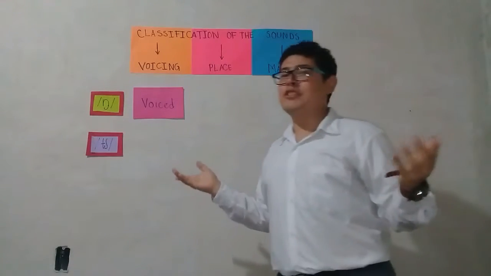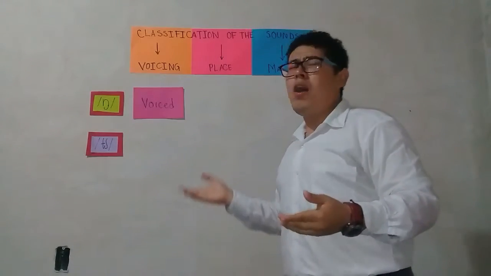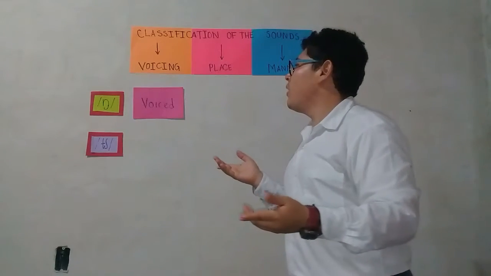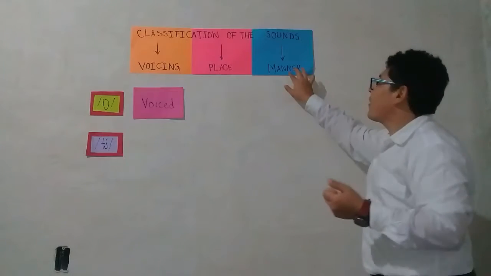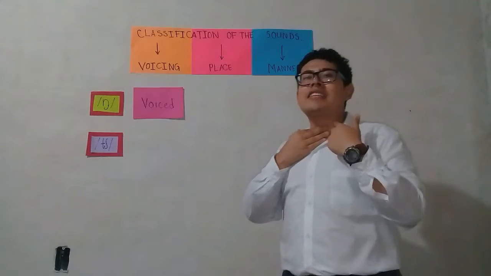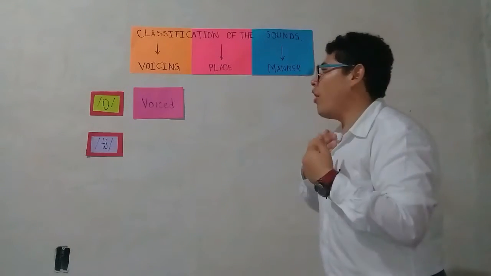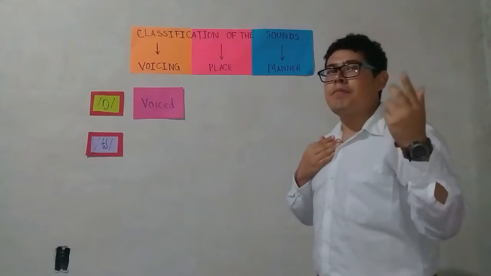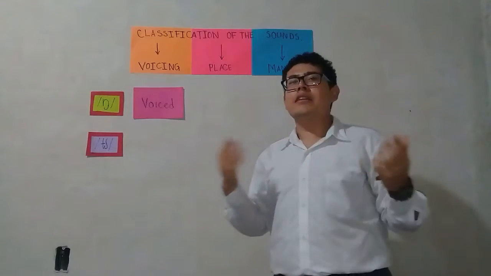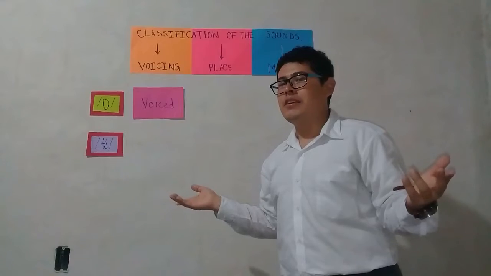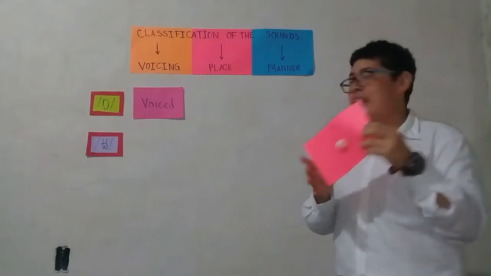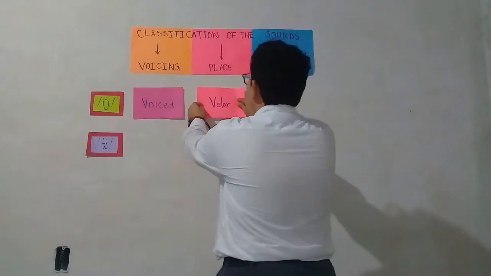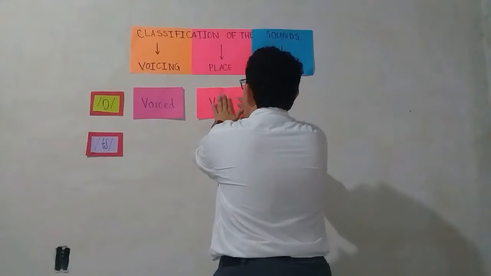But what about according to the place? How is this sound produced? It is produced between the soft palate, or the velum, as a passive articulator, and the body of the tongue. And then what kind of sound is it? It is a velar sound. And then we have the classification according to the place.